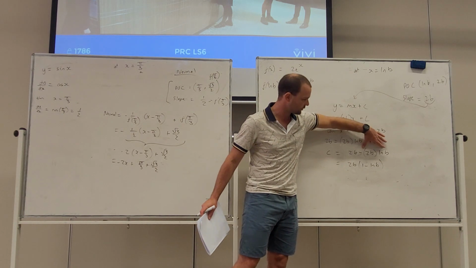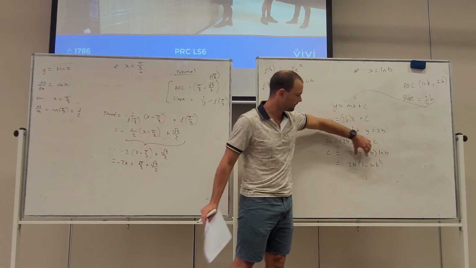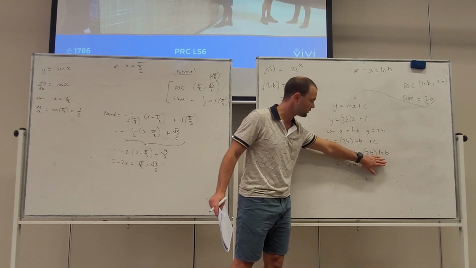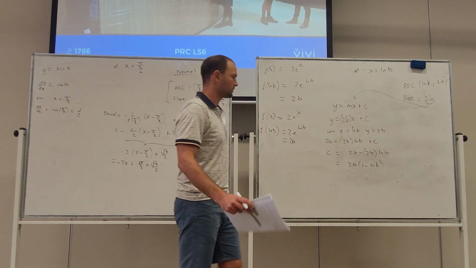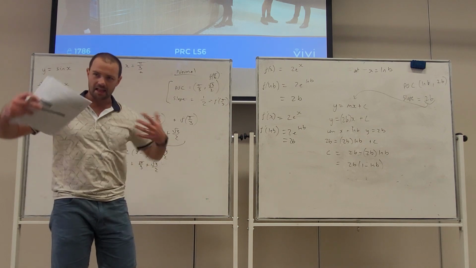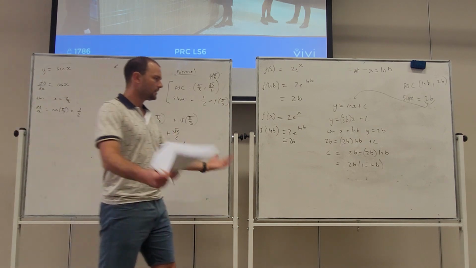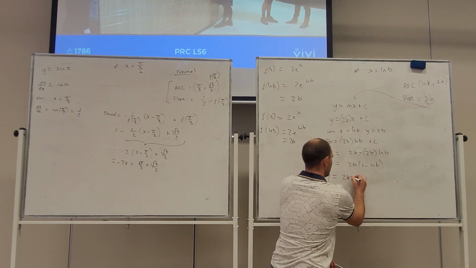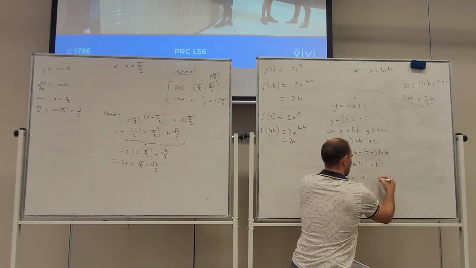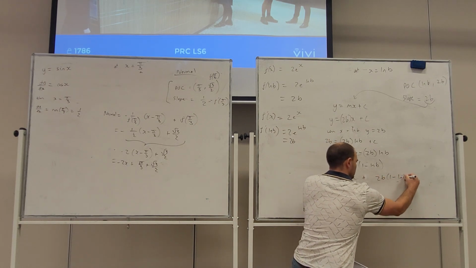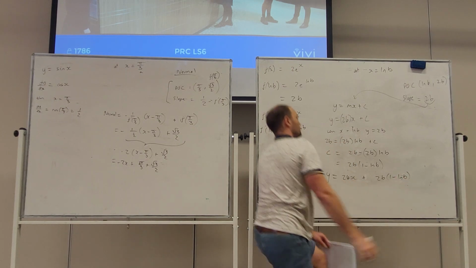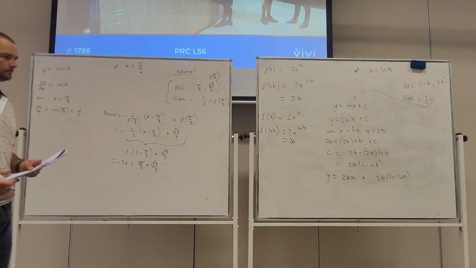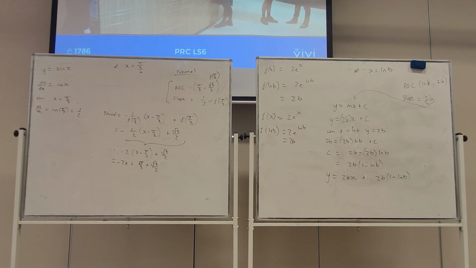So we've got 2b take 2b ln b, and if you want to, you could factorise the 2b. It doesn't say we need to, so either of those is a fine way of representing the y-intercept. And so then the equation of this line is y equals mx plus c. We've got y equals 2bx plus, I'll go for the second form, 2b times 1 take ln b. So the slope 2b, the y-intercept of the tangent, 2b times 1 take ln b.